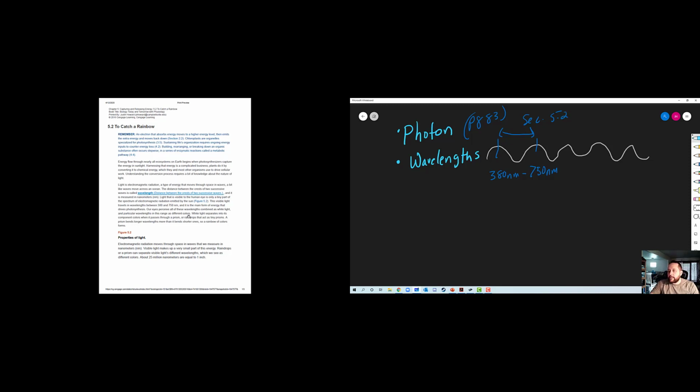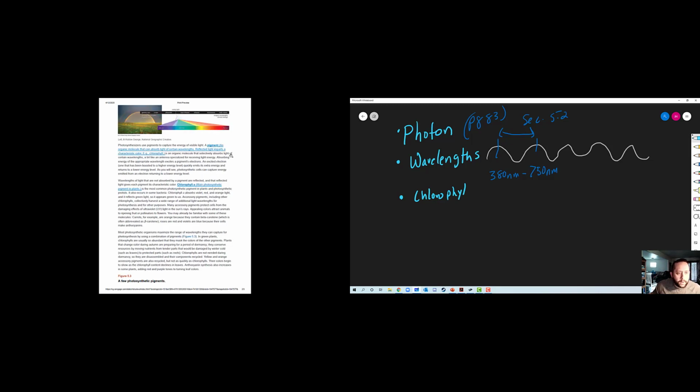And this is important to know because as we're studying chlorophyll, specifically chlorophyll A, there's a bunch of different types of chlorophyll. It's the main one though in plants that photosynthesis has to do with.